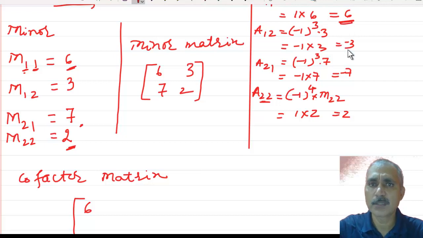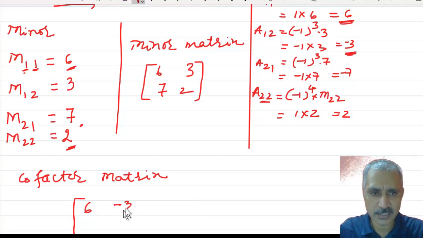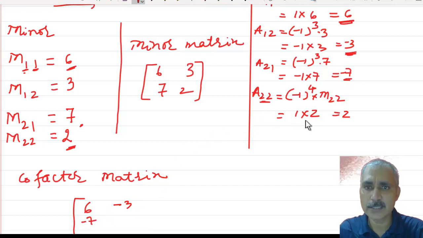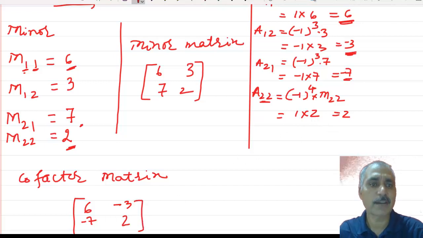A12 is minus 3, so here it is going to be minus 3. A21 is minus 7, and next A22 is 2. So this is our cofactor matrix.